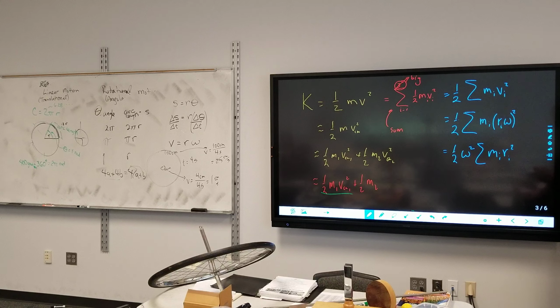Then let's connect. This right here is the moment of inertia, or rotational inertia. It's the mass equivalent. The larger this value is, the harder it is to get something at rest to start to rotate, or if it's already rotating, to stop it.